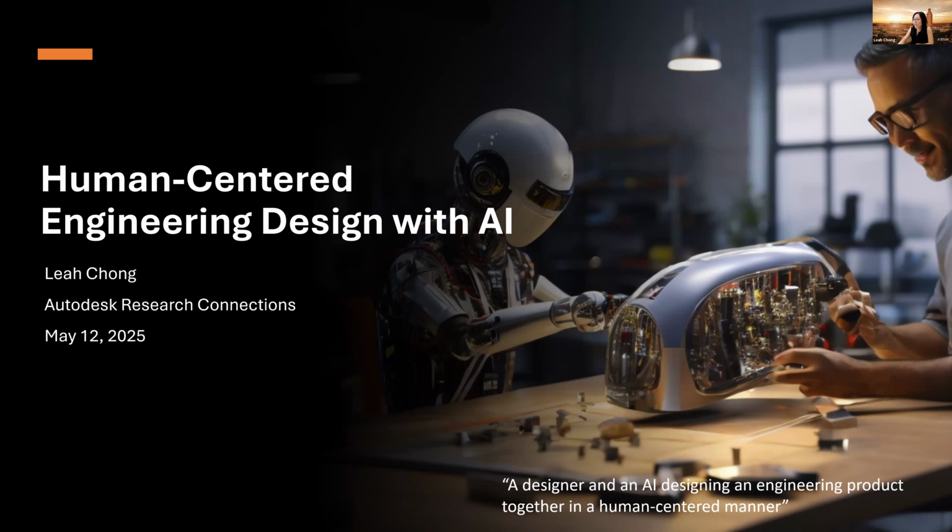Obviously there is an AI system, some embodied robotic system here, working with a human designer on some type of engineering product. But you can see that something missing from this image is what it really means to be collaborating in a human-centered manner.